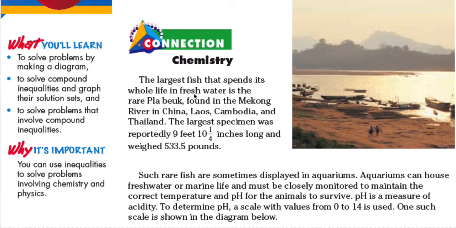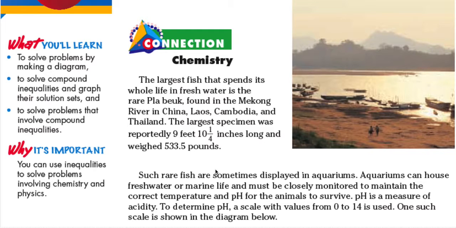And let's take a look at an example in chemistry. The largest fish that spends its whole life in fresh water is the rare plabok found in Mekong River in China, Laos, Cambodia, and Thailand. The largest specimen was reportedly 9 feet 10 and 1/4 inches long and weighed 533.5 pounds.